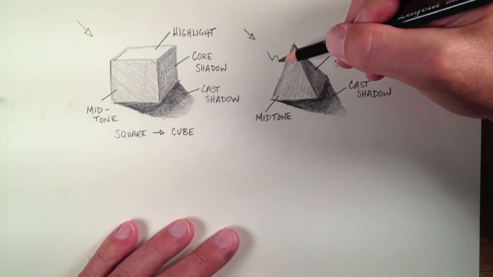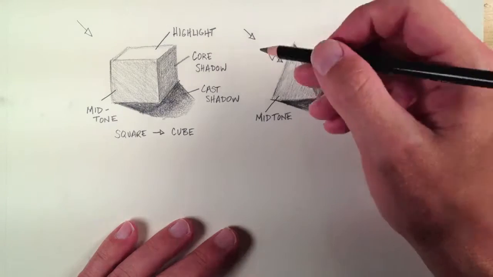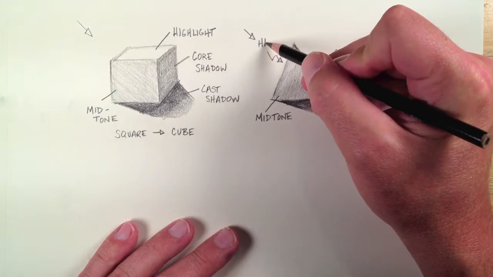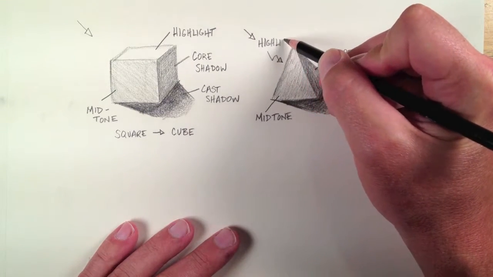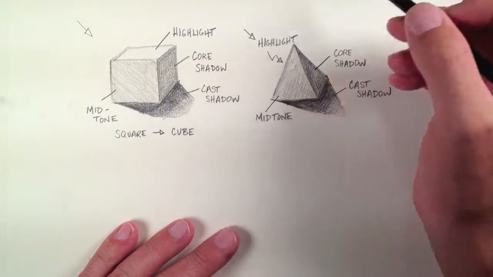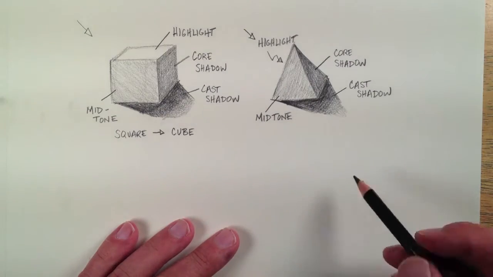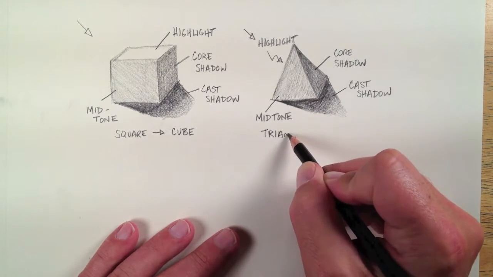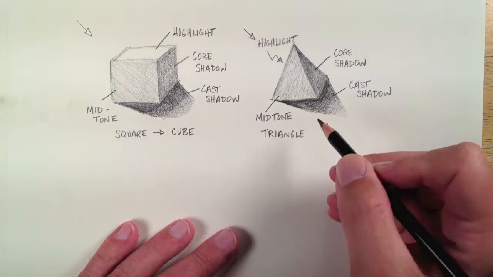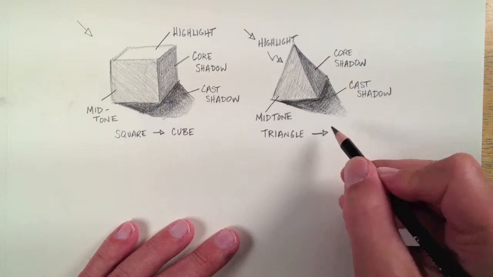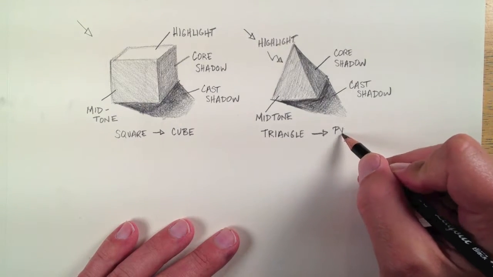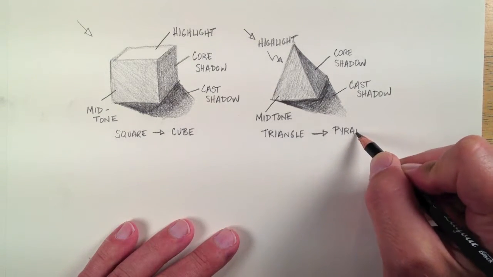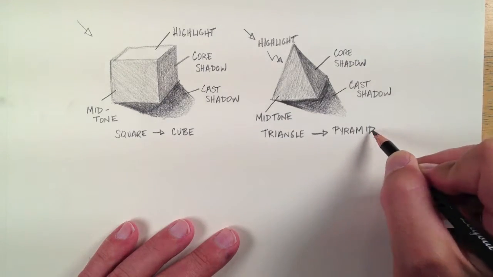The highlighted side is not seen by the viewer, but it's important for you to understand that that side of the pyramid would receive the highlight, or the strongest area of intense light. So here again, we've taken a triangle and now we've turned it into the illusion of a pyramid.